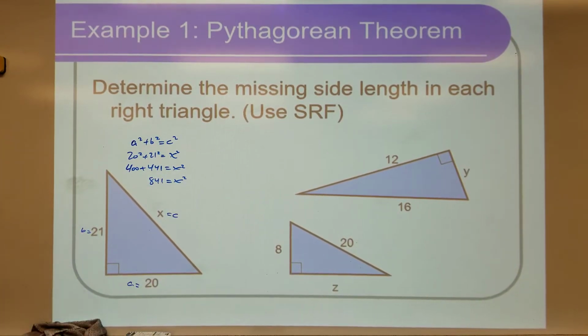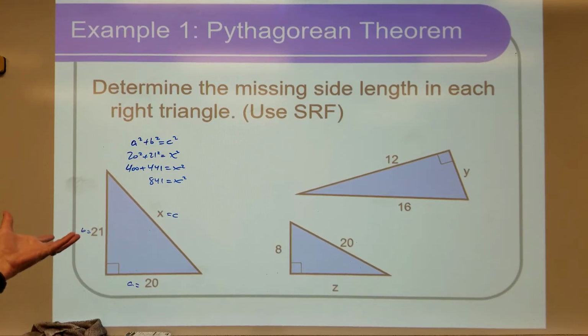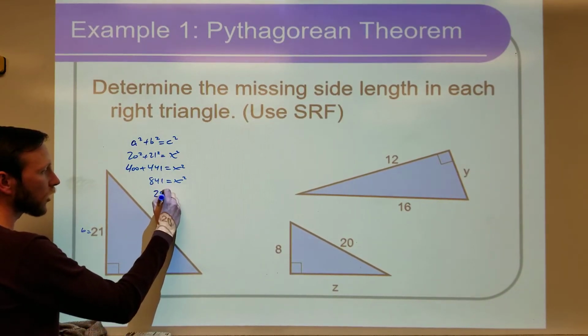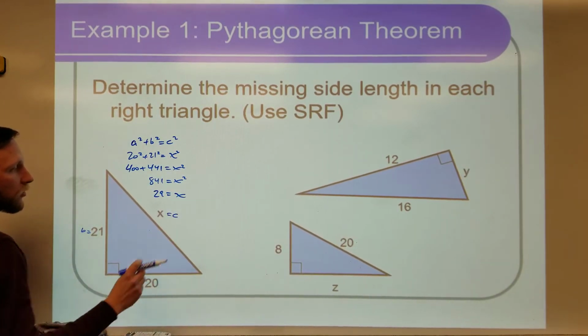At the end of our last in-class practice with the area of triangles, we had some exercises where we had variables that were squared, and that forced us to handle how to solve those types of equations. The answer there is we want to take the square root on both sides. And when we square root both sides, we find out that x is equal to 29.